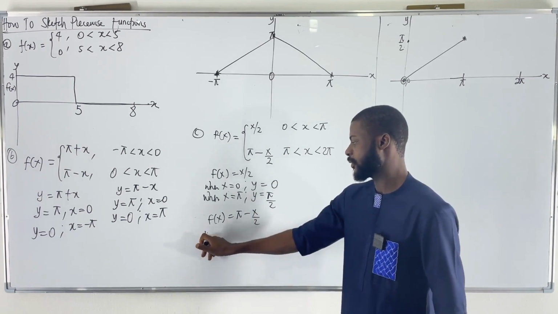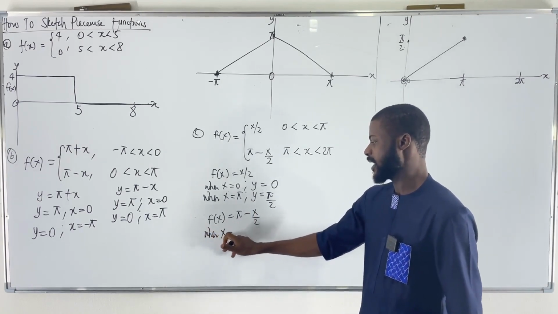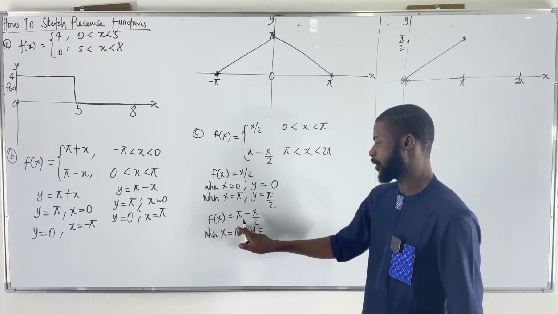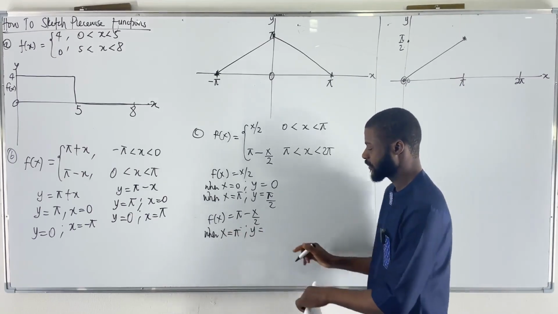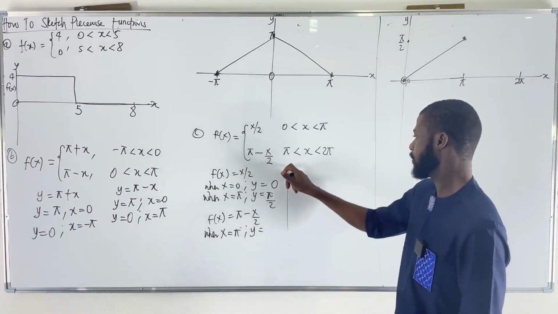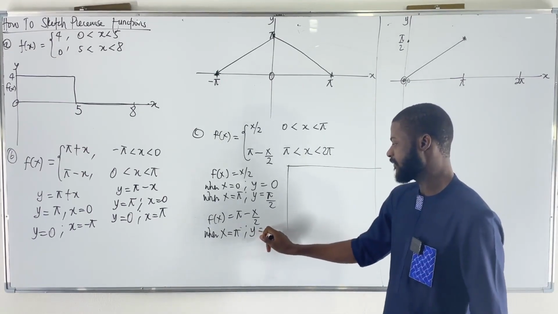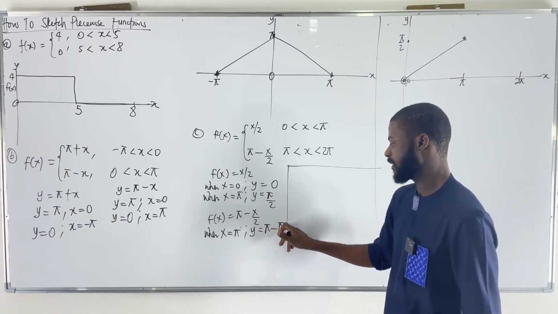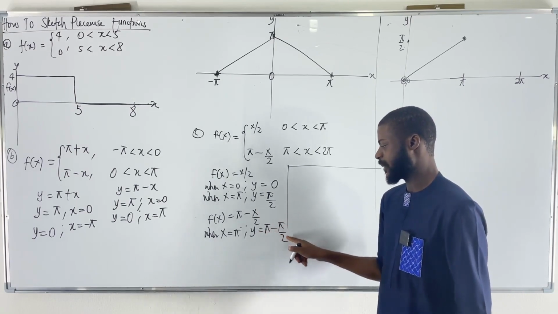So when s is equal to pi, this means my y will become, now take a look at this. I think I'm going to write this one because this is a lot. So we have pi minus x over 2, which is now pi over 2. So what is pi minus pi over 2?